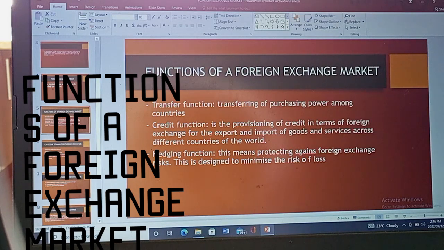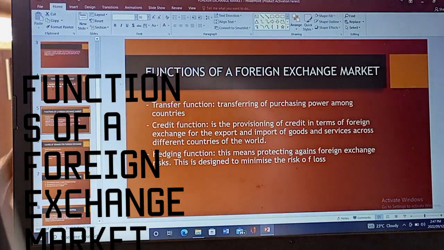Now, if I need to pay for any form of goods or services, I would need the currency of that particular country in order to pay for that good. So if I am importing something from New Zealand, Brazil, or Argentina, I would have to pay in that currency.